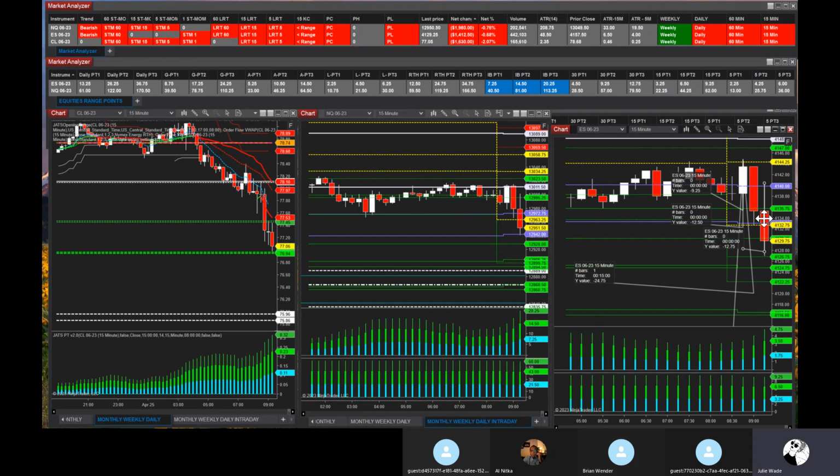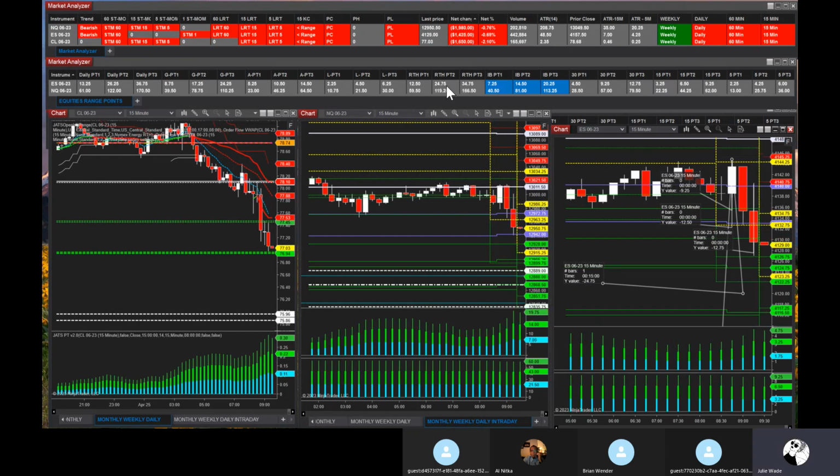Range to break and potentially come down to our 2475, which is the RTH2. So would this be within the 1250? Yep.